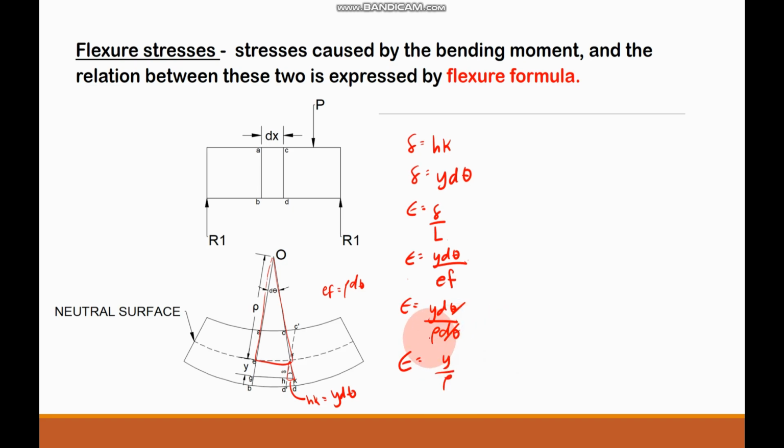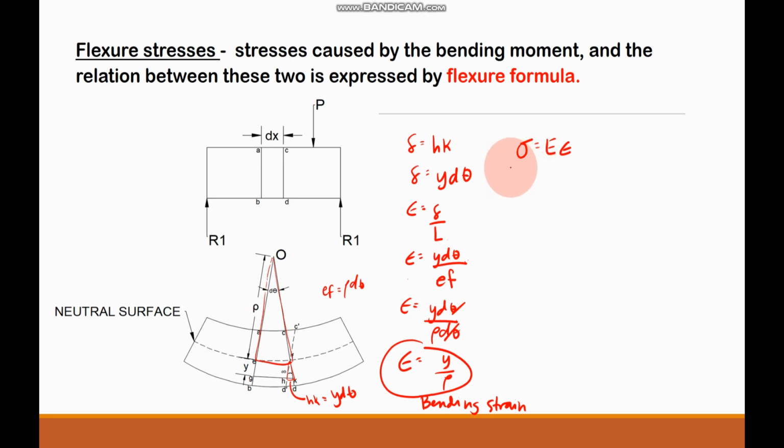And this is now our bending strain. So assuming that the material is homogeneous and obeys Hooke's law, as I have said in assumption number 3, Hooke's law is equal to the modulus of elasticity multiplied by the strain.